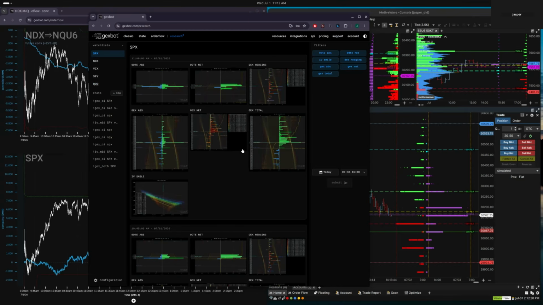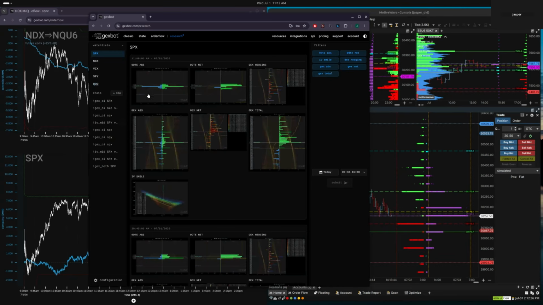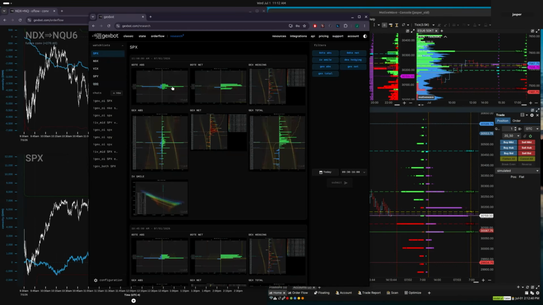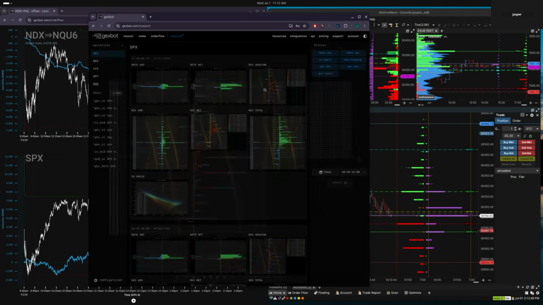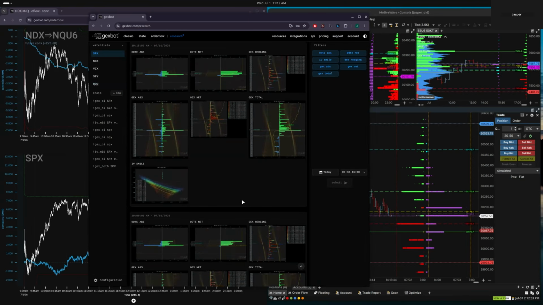These metrics include the GEX profile, the skew or the smile, I should say, zero DTE either nets or absolutes, which just means it's combining the calls and puts without netting them out, and a delta hedging chart. And then this just updates through the day.